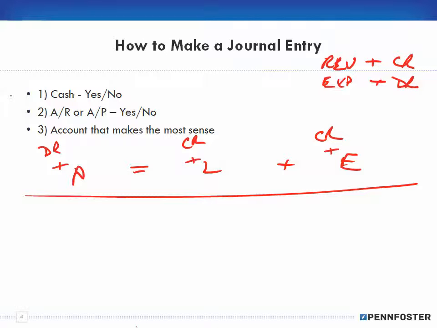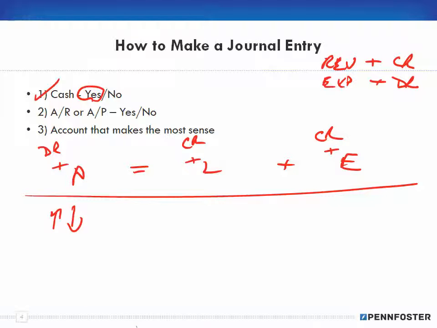Whenever I'm making a journal entry, don't jump to the second half of the entry. Ask yourself first, am I affecting cash? If the answer is yes, then you know what to do. If my cash is increasing, I'm going to debit it because the normal balance of an asset is a debit. And if my cash is decreasing, it's the opposite, which would be a credit.